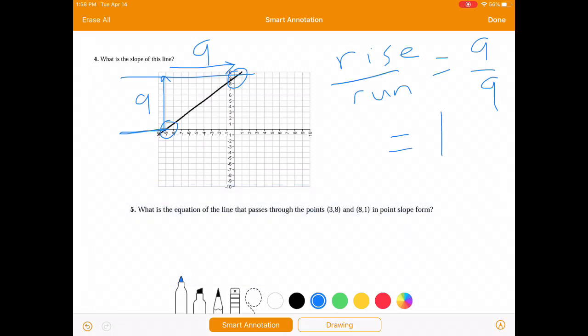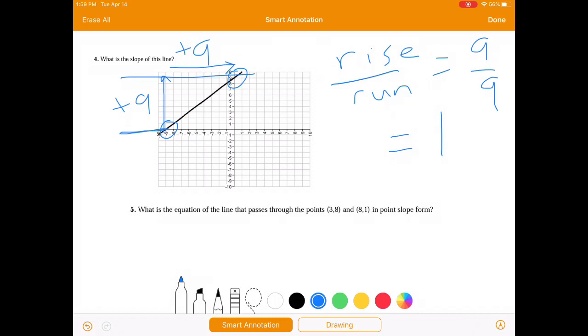And keep in mind, we try to go left to right when dealing with slope, just like how we read in English. We also look at our graphs from left to right. So that's how we know that we are going up in a positive direction and to the right in a positive direction. So we have a positive 9 over a positive 9.